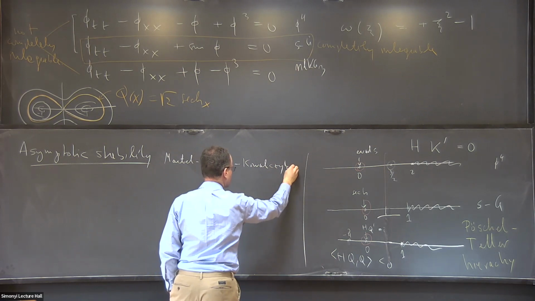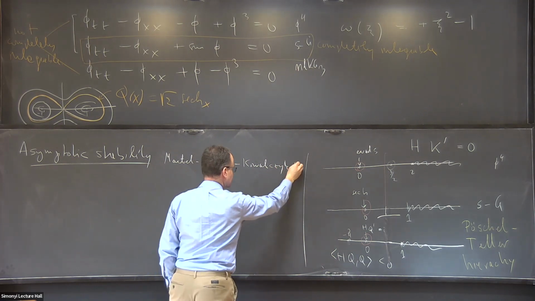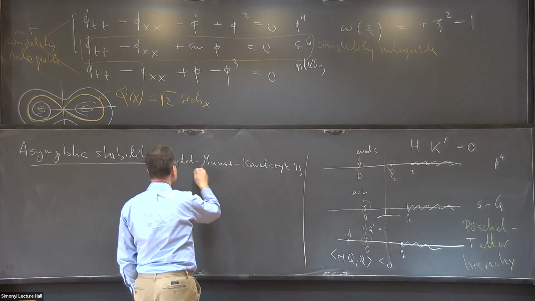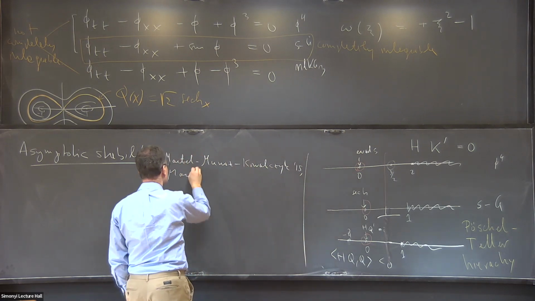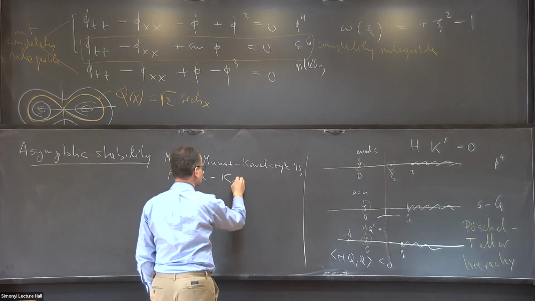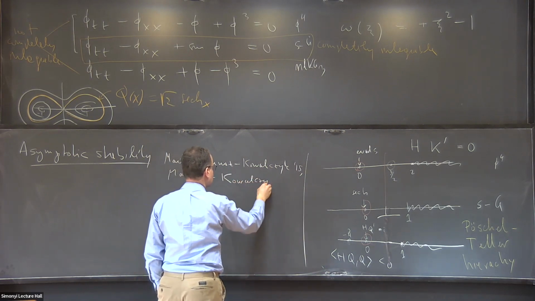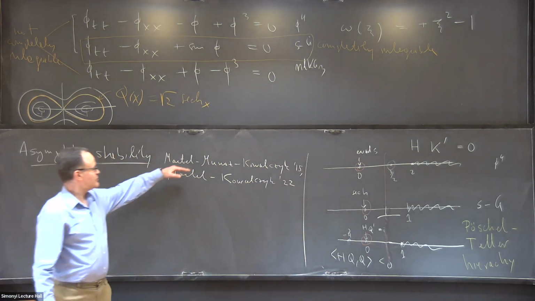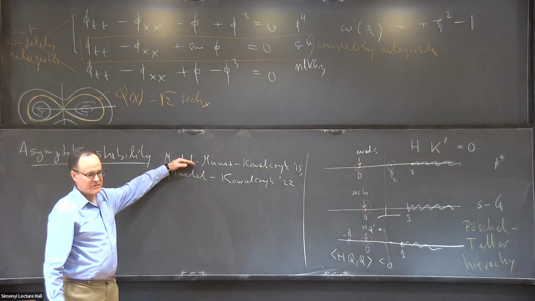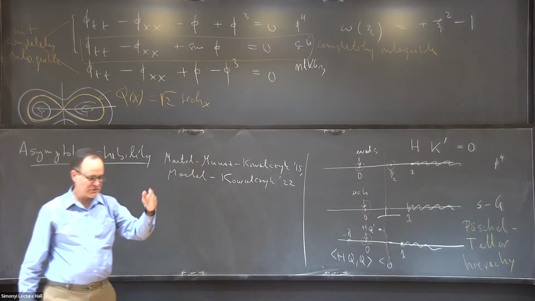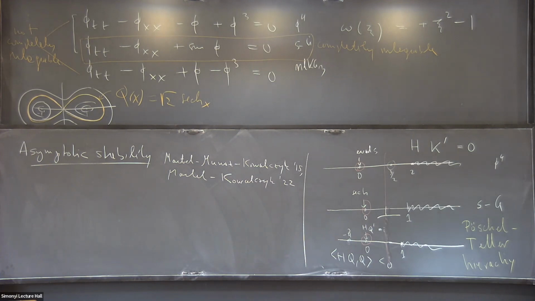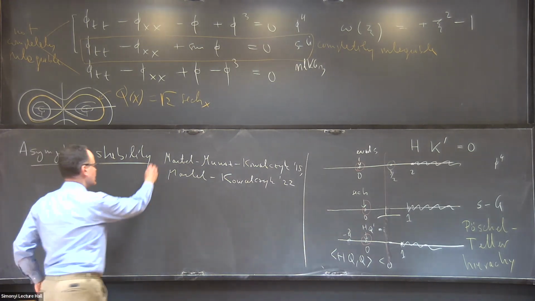They first circulated this in 15, it appeared in 17, and then Martel and Kowalczyk revisited this topic and removed some kind of numerical dependence of this work. There were some spectral calculations that were a little bit computer assisted. This was all removed here.